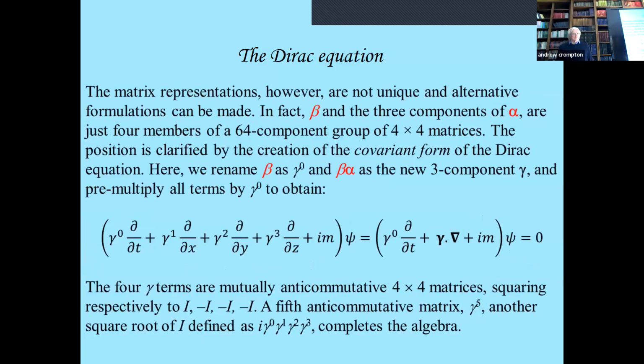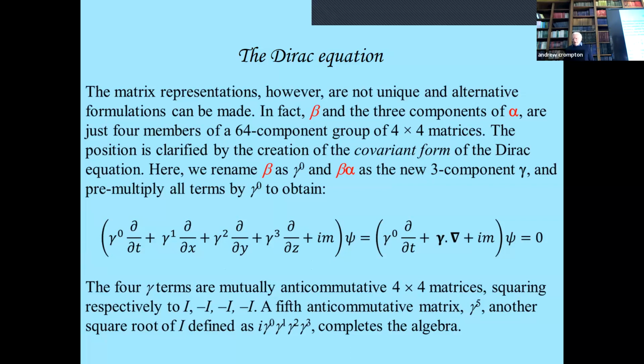However, these matrix representations aren't in any way unique, and there are lots of alternative formulations. One particular one is called the covariant form. And the reason is that in the original equation, it's not covariant because the alphas and betas are not just on the dt and dx.